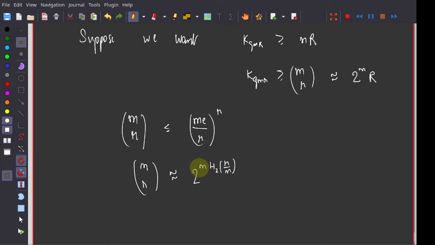And I want this to be approximately equal to 2 to the power m times r. So what does that tell us about h2 of r by m?